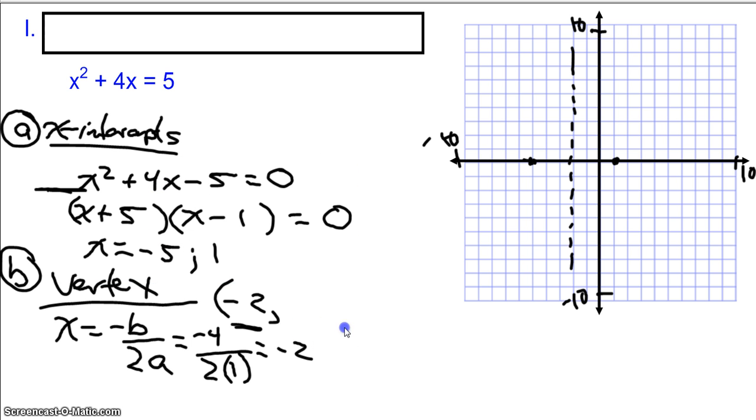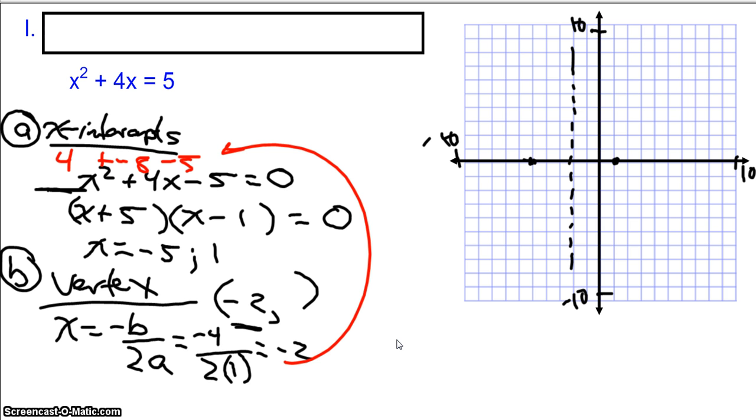Okay? Now, how will we find the y value of this vertex? Plug it in. Plug in negative 2. So come back up here. Let's take this negative 2 and plug it in over here. Negative 2 squared is 4, plus negative 8, plus negative 8 minus 5.